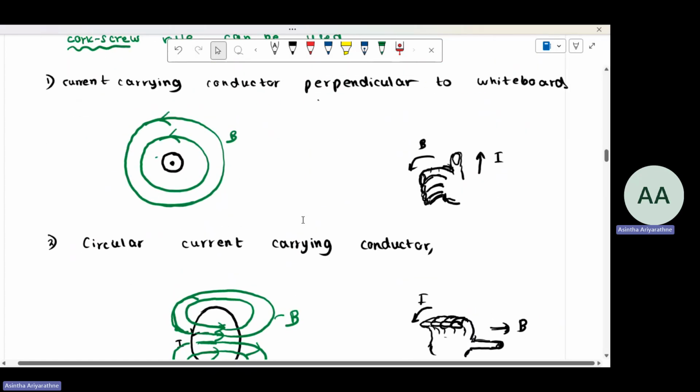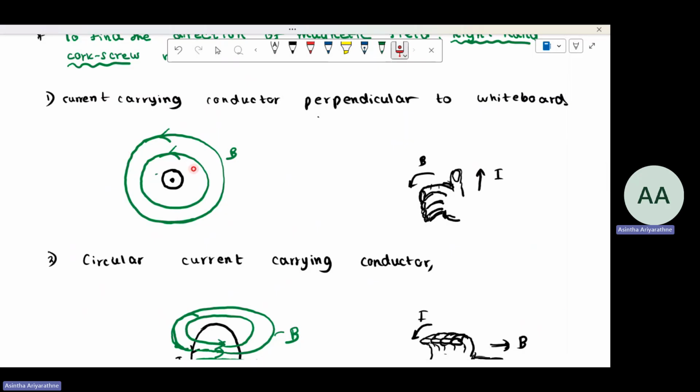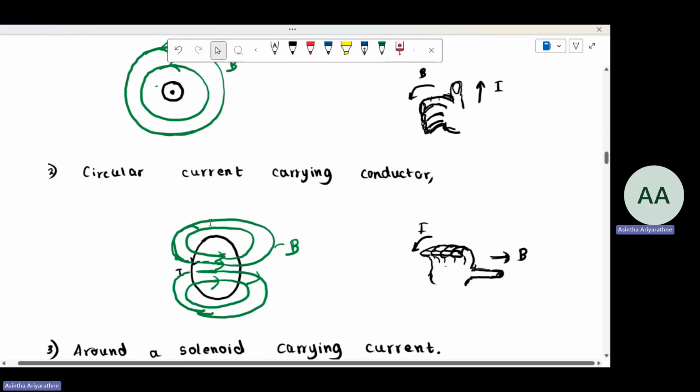When our thumb is pointed towards the direction of current, the other fingers point towards the direction of the magnetic field. Like here, our thumb is pointed outward from the board, then the four fingers are directed in an anti-clockwise manner. The magnetic field is anti-clockwise.